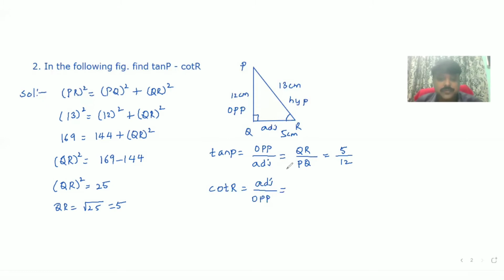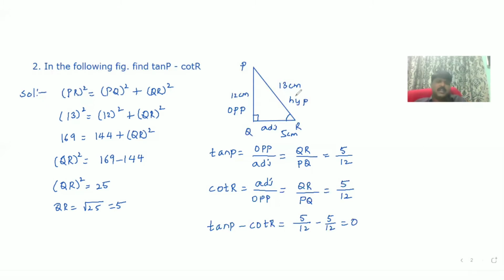Let us write in terms of this one: QR by PQ. The same thing, 5 by 12. Hence, the value of tan P minus cot R is 5 by 12 minus 5 by 12, which equals 0.